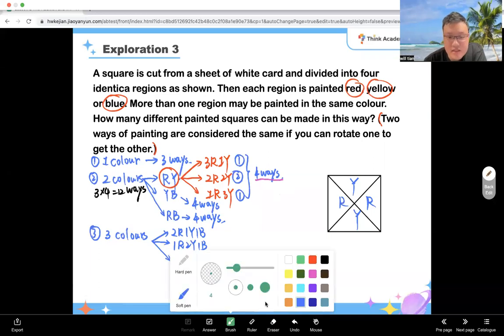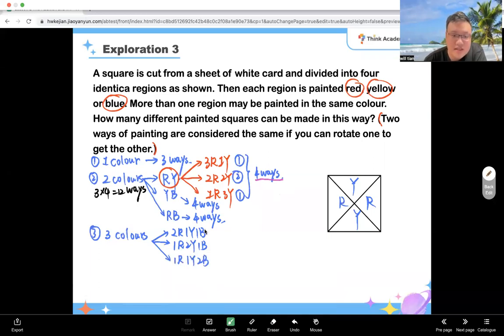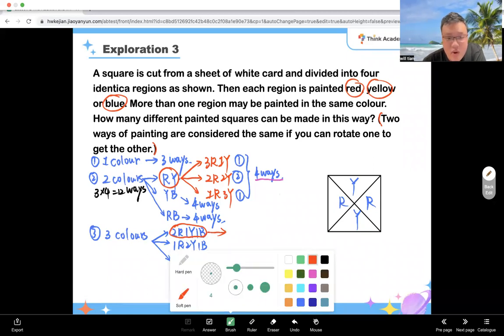And to solve this, you only need to focus on 1 of that. So actually, if you figure out how many ways that you can arrange this type, you times that by 3, you got how many ways that you can have when you arrange 3 different colors, right? So guys, let's take a look at this one. 2 red, 1 yellow, 1 blue. How many ways are there for us to do the arrangement?